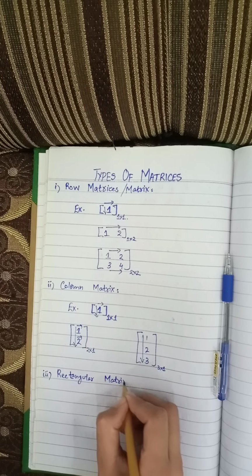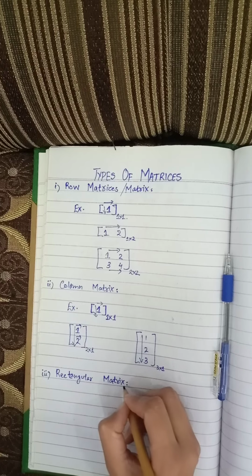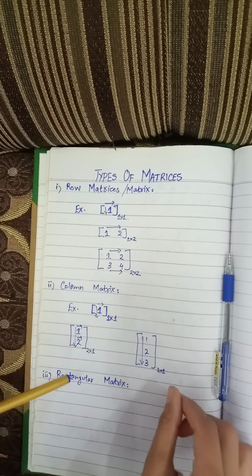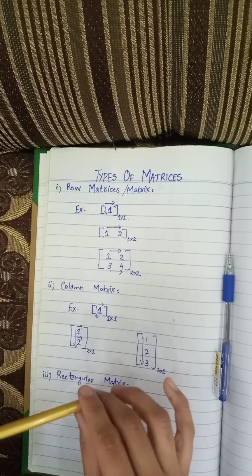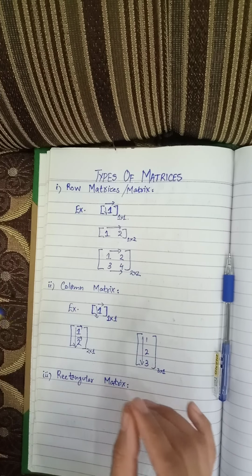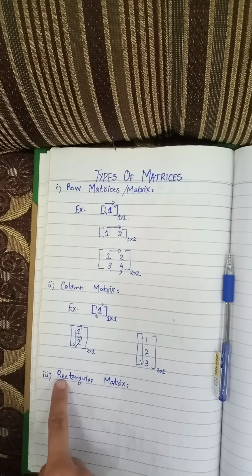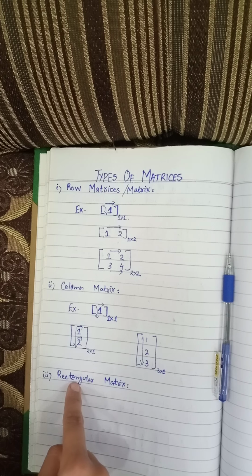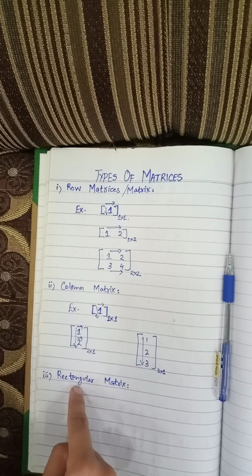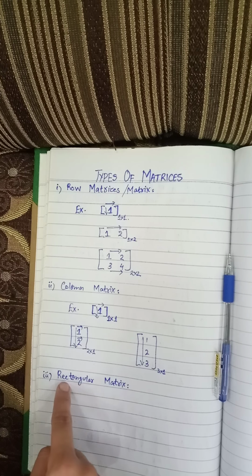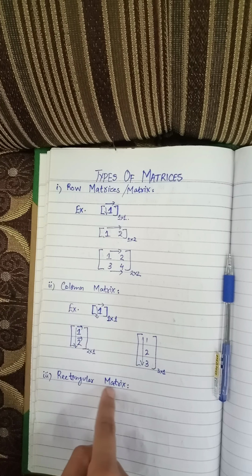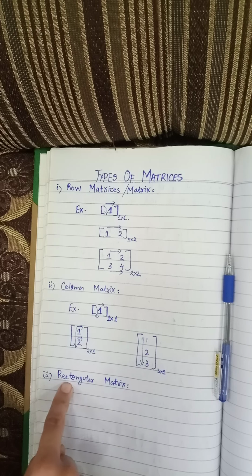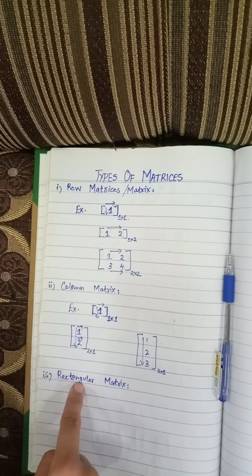Whenever you are discussing the types of anything, you must keep in your mind that you have to take the meaning from the labeling of the type. For example, it is labeled that this is a rectangular matrix. So, rectangle. You are going to take the name rectangle from it.